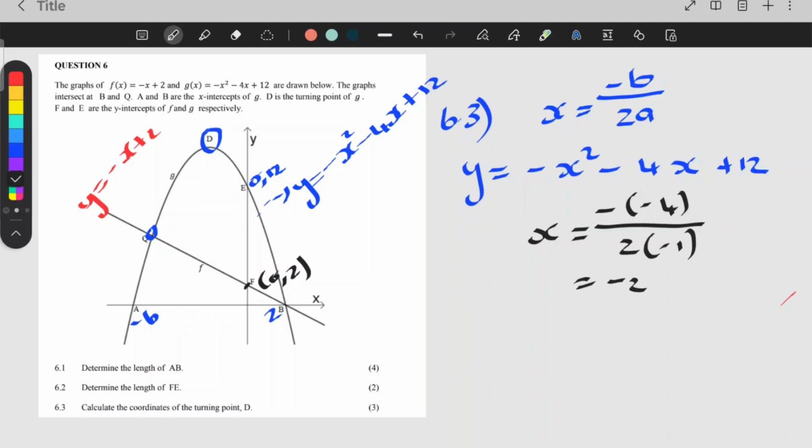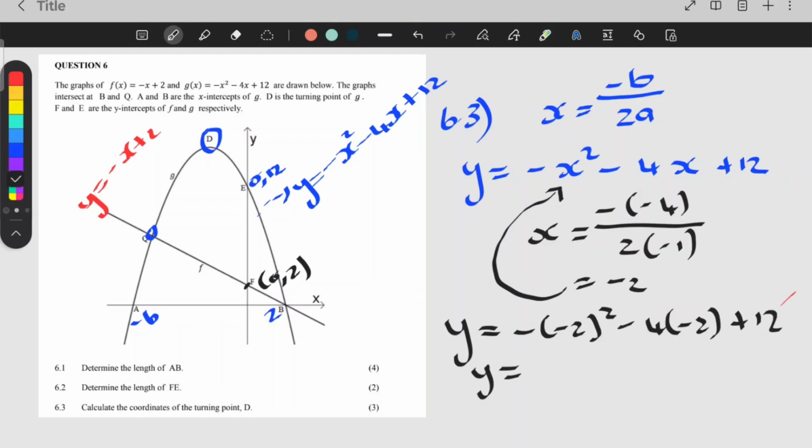And then you take that negative 2 and you sub it into the equation. So you make x negative 2. So negative 2 squared minus another negative 2 plus 12, and I get 16. So that means the turning point's x value is negative 2, and the y value of the turning point is 16.